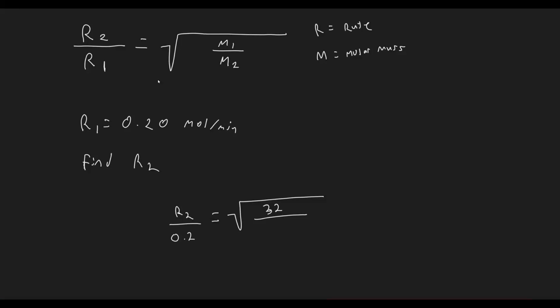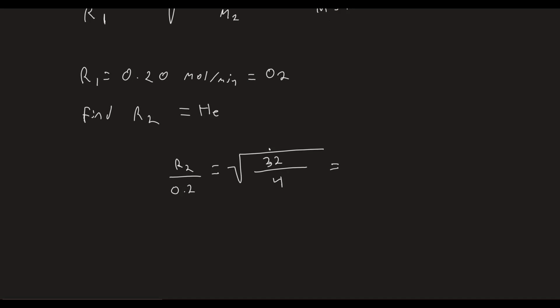And let's say R1 is oxygen, R2 is helium. So we're comparing oxygen and helium here. So helium has a mass of 4. So here is the setup for our whole equation, and at this point we are just going to solve for R2.